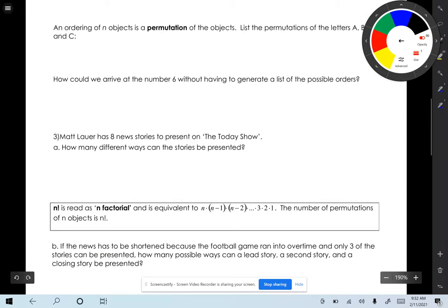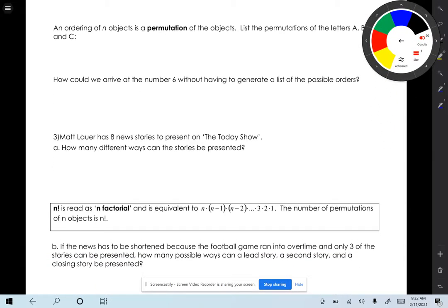So if we were to list the letters of the permutations, order them, we can have the letters A, B, C, A, C, B, B, C, A, B, A, C, C, A, B, C, B, A. Those are all the ones that are actually possible. So that's 6 permutations.